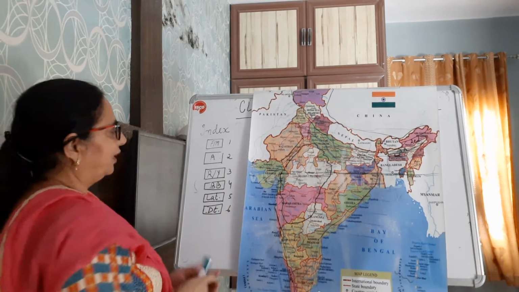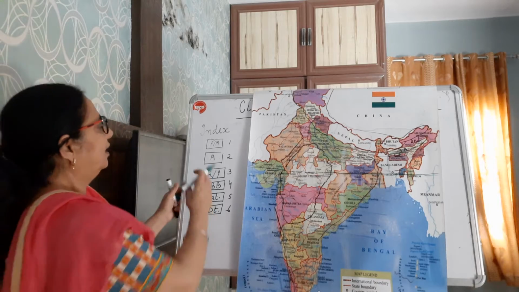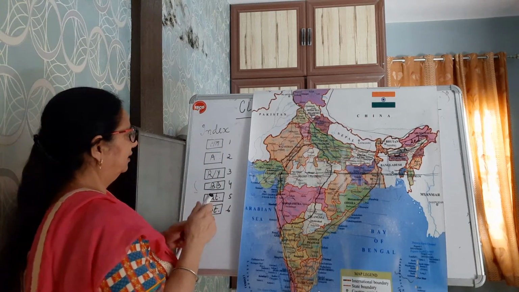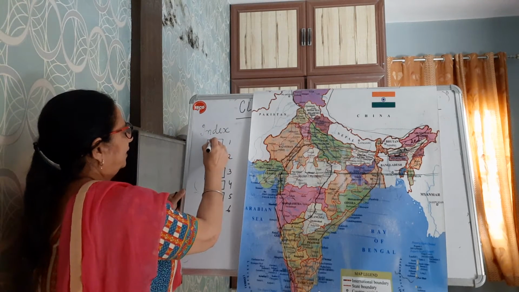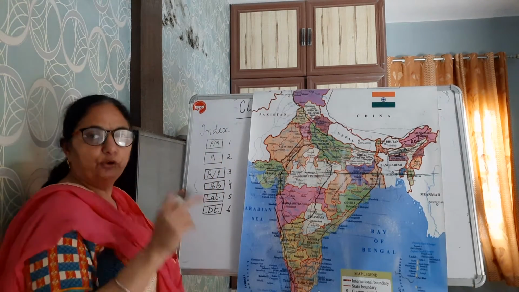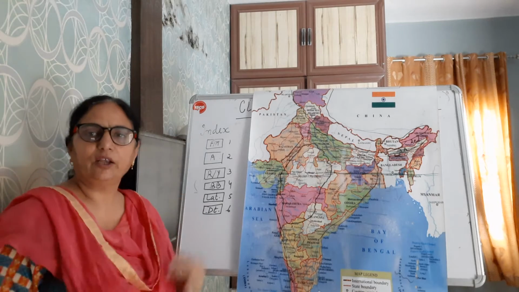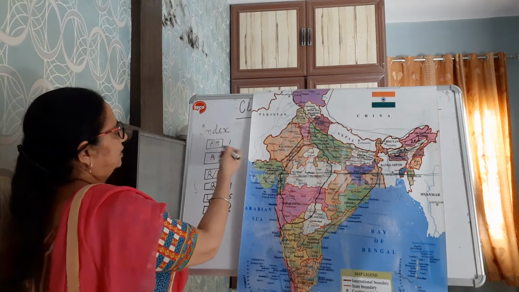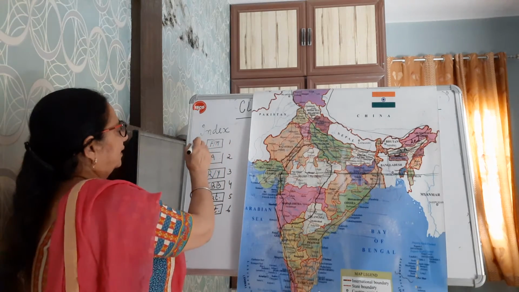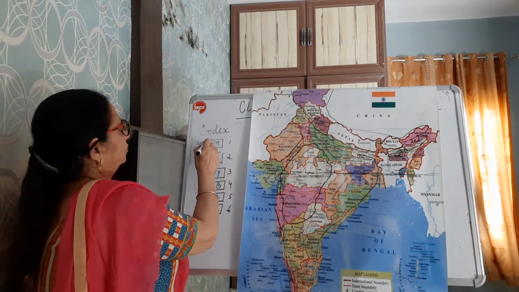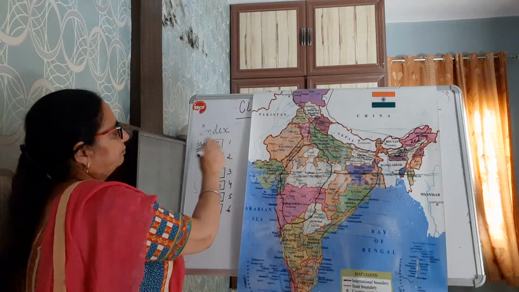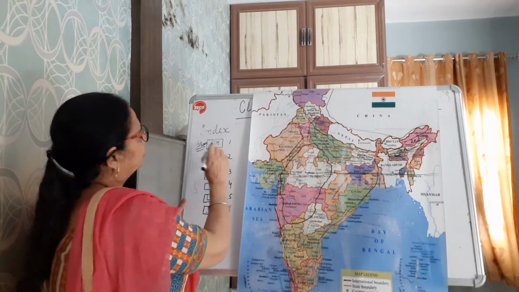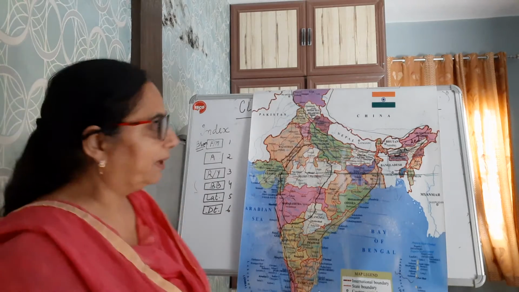At number 1 I have put forest soil and mountainous soil. For that I have written F and M, and you may use any symbol or any color. Suppose you are using brown color. You write brown here, or you color this brown, to highlight it on the map.